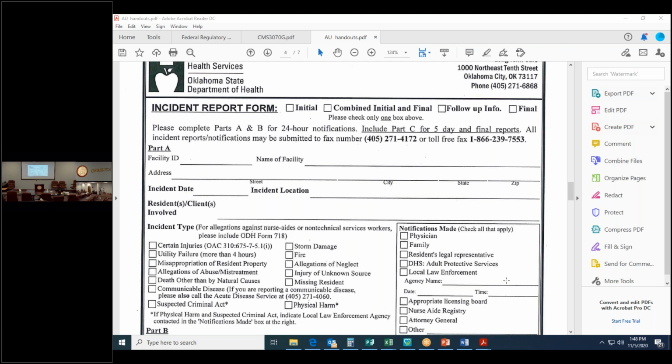And also, in a lot of situations now, they're requesting that we call adult protective services. That is so that in the situation of a serious issue with the health department, they're limited on manpower, so they also want it sent to adult protective services because they may be able to act faster than our actual surveyors to make sure that person is safe.